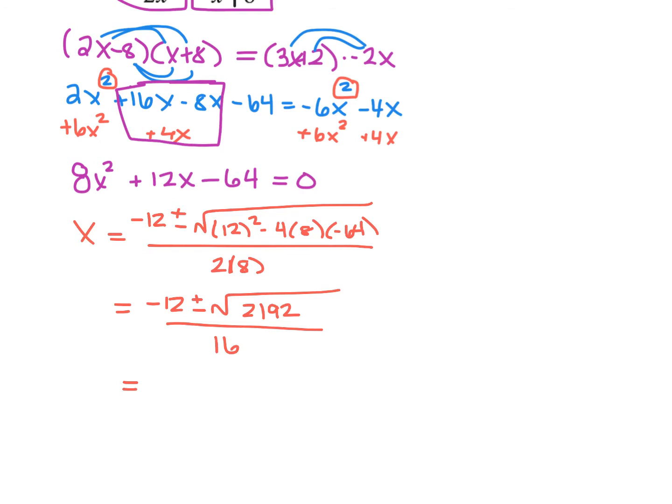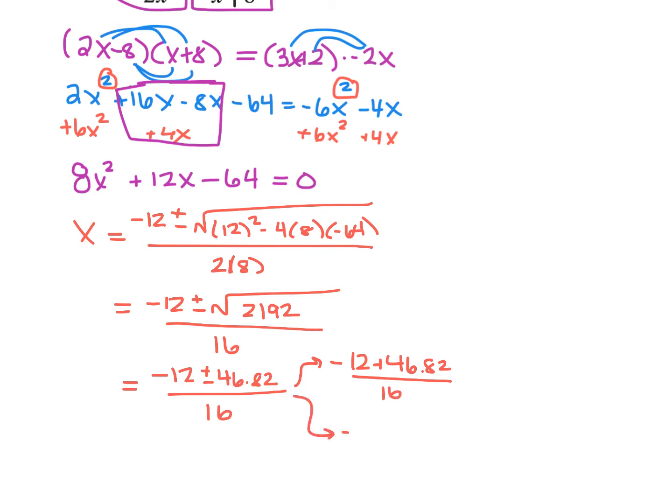For the sake of this problem, I'm okay if you get the decimal answers and you round. So if we take the square root of 2192, we end up with (-12 ± 46.82)/16. We then split it into a positive and negative version, so I have (-12 + 46.82)/16, or I have (-12 - 46.82)/16.